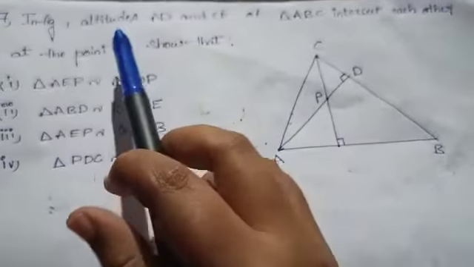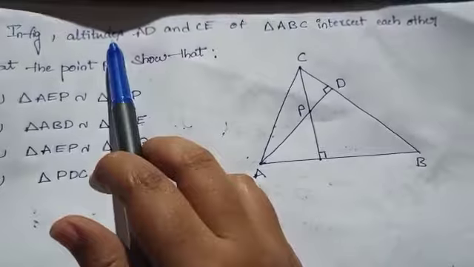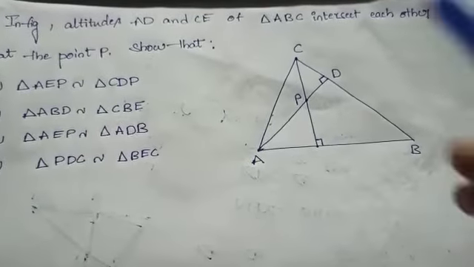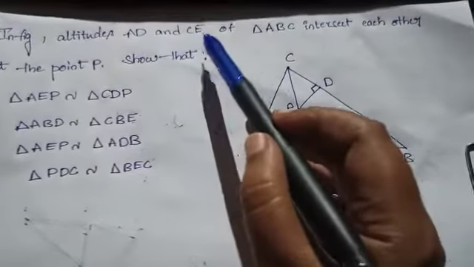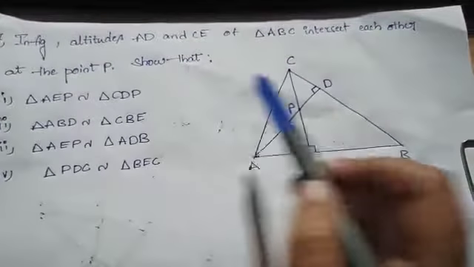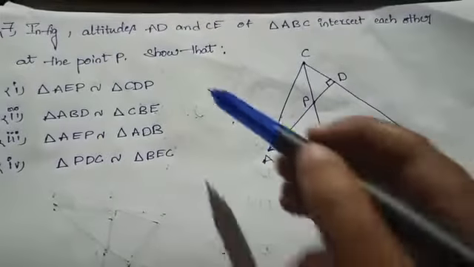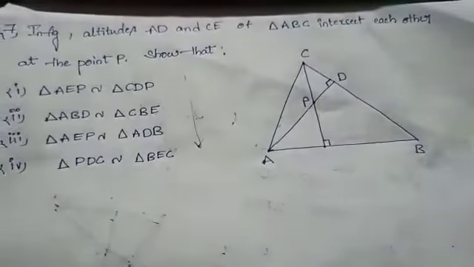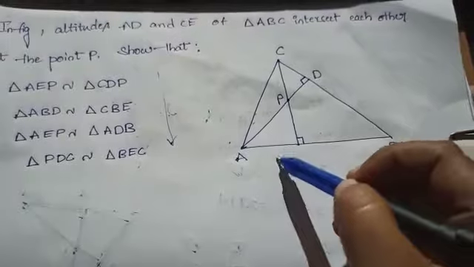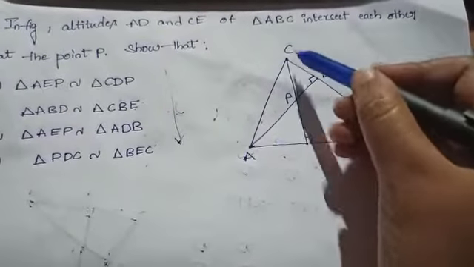In the figure, altitudes AD and CE of triangle ABC intersect each other at the point P. Show that. Here four questions are given. See this figure: triangle ABC, the bigger triangle.